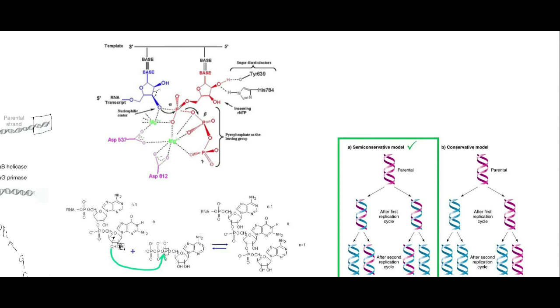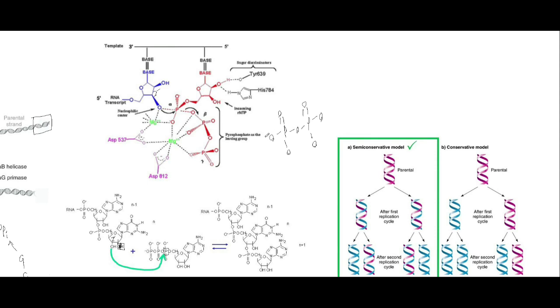This is forming a bond with the phosphate here, and then these electrons go on to this here, and then we end up with our pyrophosphate, which will look something like this. Oops, that should be a single bond.